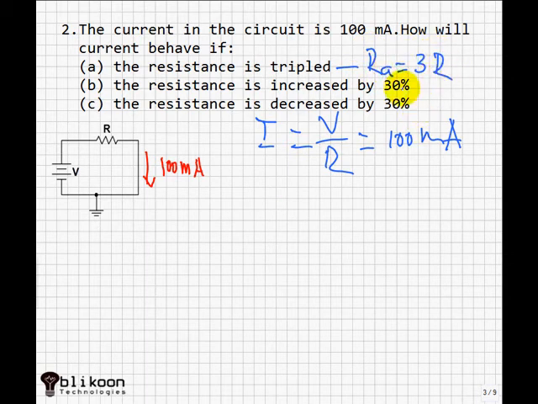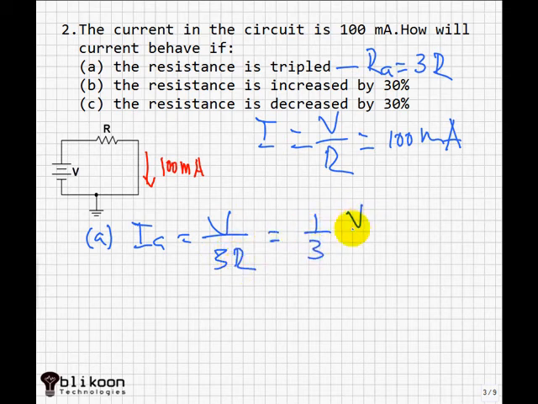If we use this resistance to compute the current in A, we get current in A equals voltage divided by the resistance in A, which equals 3R. We get 1/3 of V divided by R, which equals 100 milliamps divided by 3.